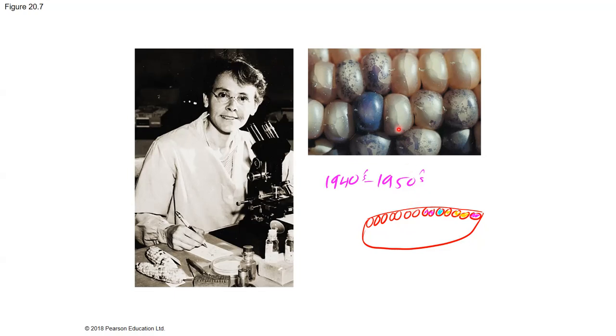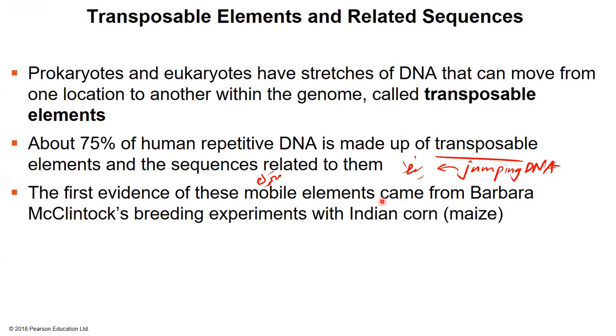And she provided an explanation for the change in the color of corn kernels from one generation to the next. She kept tracking the change in the color of corn kernels from one generation to the next, and she suggested that there are some DNA elements or mobile genetic elements.